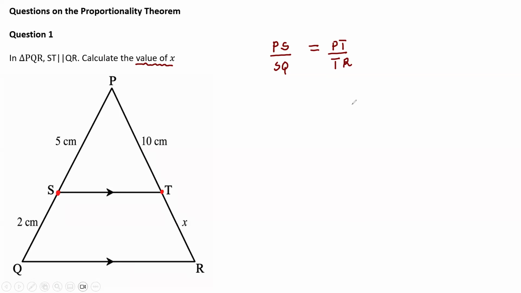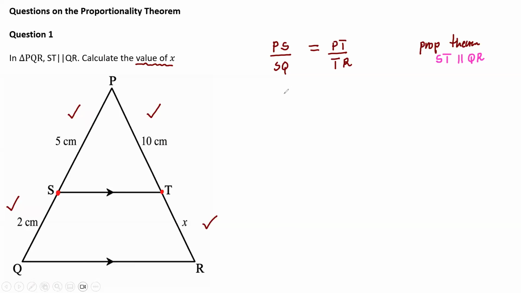PS over SQ is equal to PT over TR, and your reason is the prop theorem. Now, it is important when stating the prop theorem to emphasize which lines are parallel. From the context of the question, it is ST which is parallel to QR.